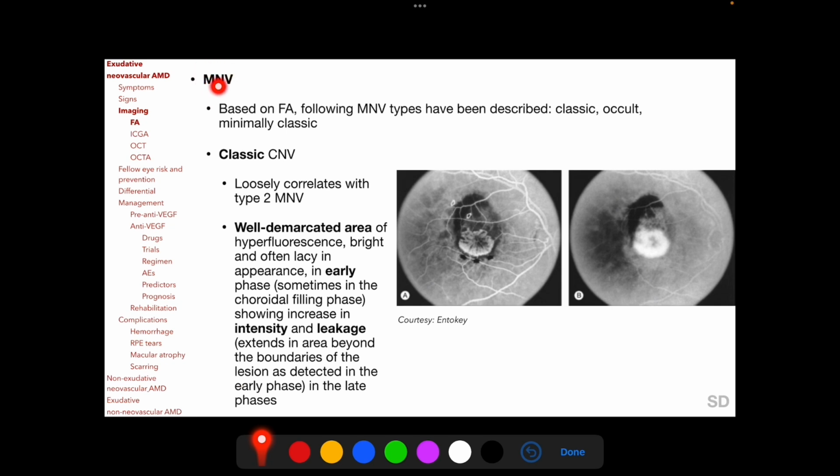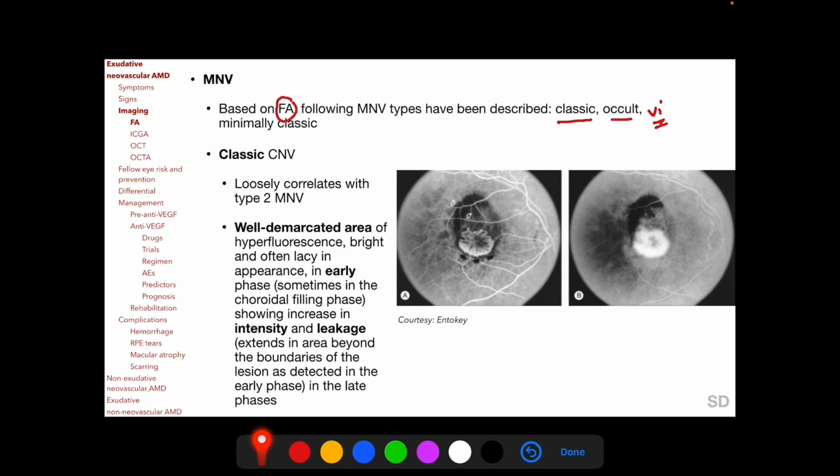In addition to MNV, fluorescein angiography can also characterize the associated pigment epithelial detachment. So far as the macular neovascularization is concerned, fluorescein angiography may characterize it as being classic, one of the three subtypes of occult, or minimally classic MNV. It is very important to understand these terms and remember that they pertain only to the fluorescein angiographic appearance of the MNV.